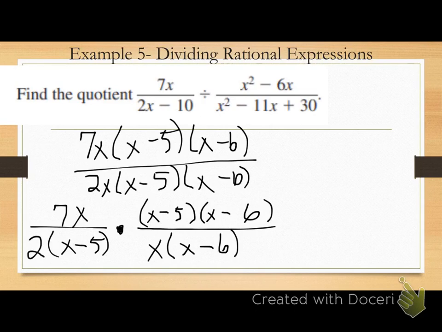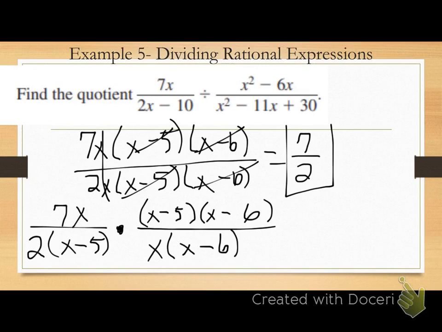So what's going to cancel out here? x minus 5, x minus 6, and my x's cancel as well. So what am I left with? 7 over 2. There is my quotient. Can 7 over 2 be reduced anymore? It cannot.